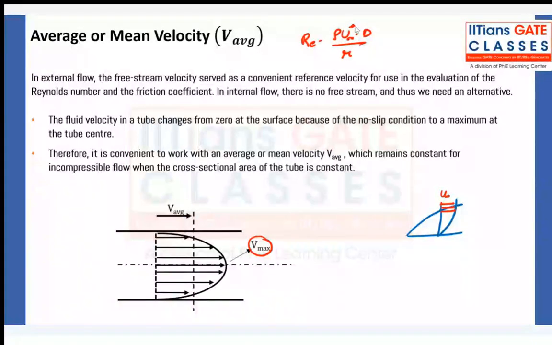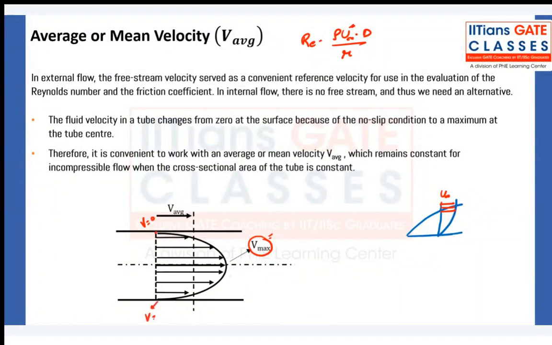So we have to define the average velocity. What do you mean by average velocity? At the wall, velocity is equal to 0. Here u or v, whatever it is, let's say it is 0. Then it is slowly increasing. It reaches v max at the center and then again starts reducing.